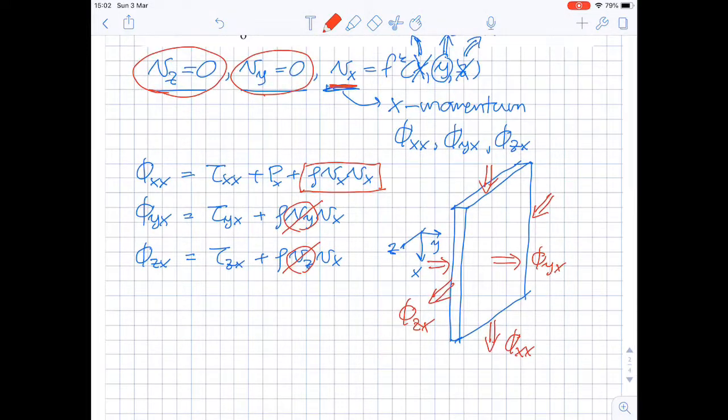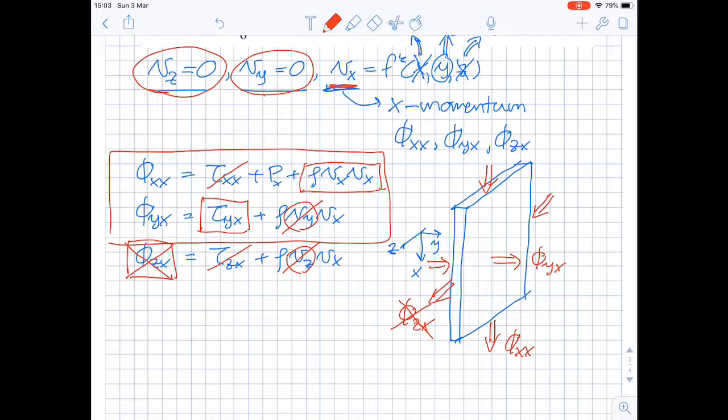So if I go back here, we have a conclusion that tau xx is 0. Tau yx is not 0, this term must be kept, and tau zx is 0. So we don't have to worry about phi zx at all. So this term is not related to our problem. Alright, so we need to take a balance between these two terms.